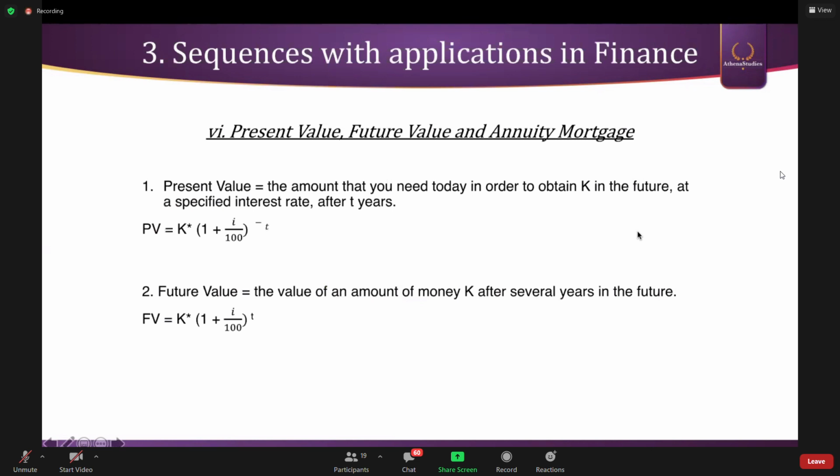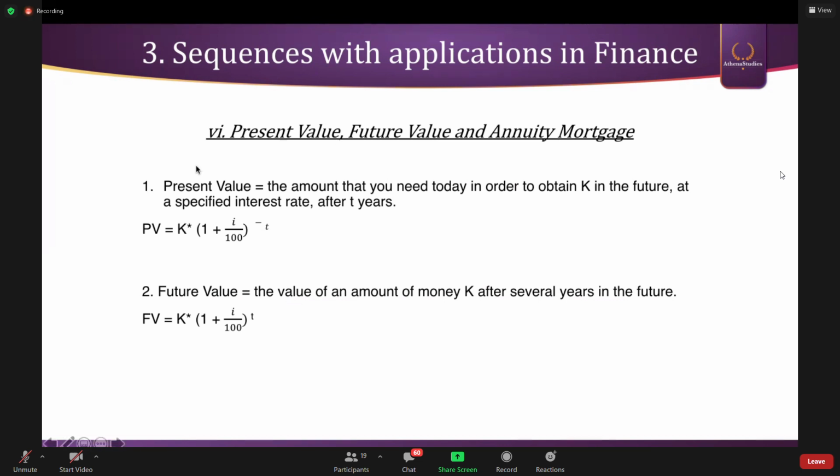I would also like to quickly go through the present and future value and annuity mortgage before we end our session for today. We already have heard a little bit about these notations from finance. Let me quickly go through them again. The present value is an amount of money that you need today in order to obtain a certain amount K in the future at a specified interest rate after a certain number of years.